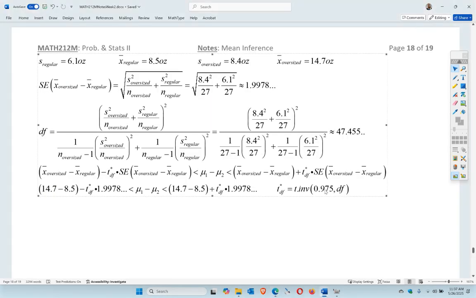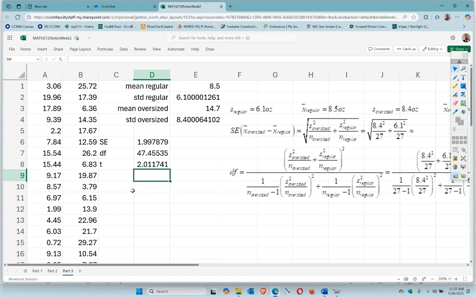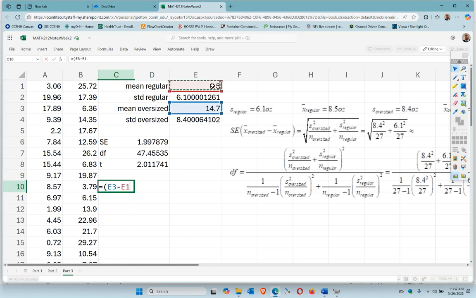So since we know the t-value now, we just figure out the confidence interval. Let's just do that right here. So equals parentheses, mean minus mean, sample minus sample, minus the t-value times the standard error, actually.